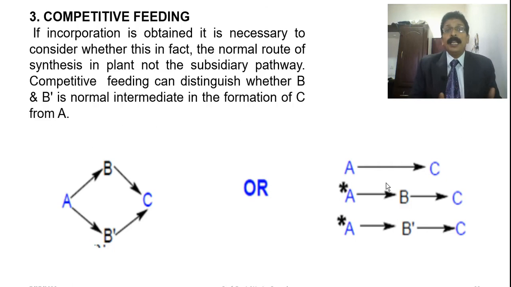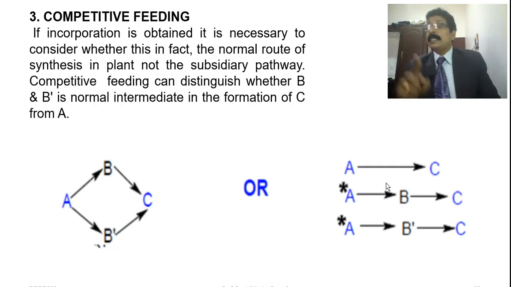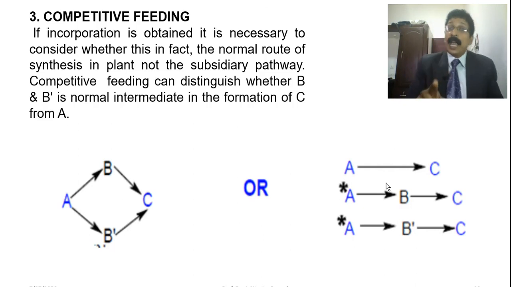Competitive feeding can distinguish whether B and B dash is normally an intermediate in the formation of C from A. I have shown a picture below that shows A gives C, but it passes by two ways, maybe B or B dash. So this experiment can easily confirm whether C is formed from A through B or B dash.